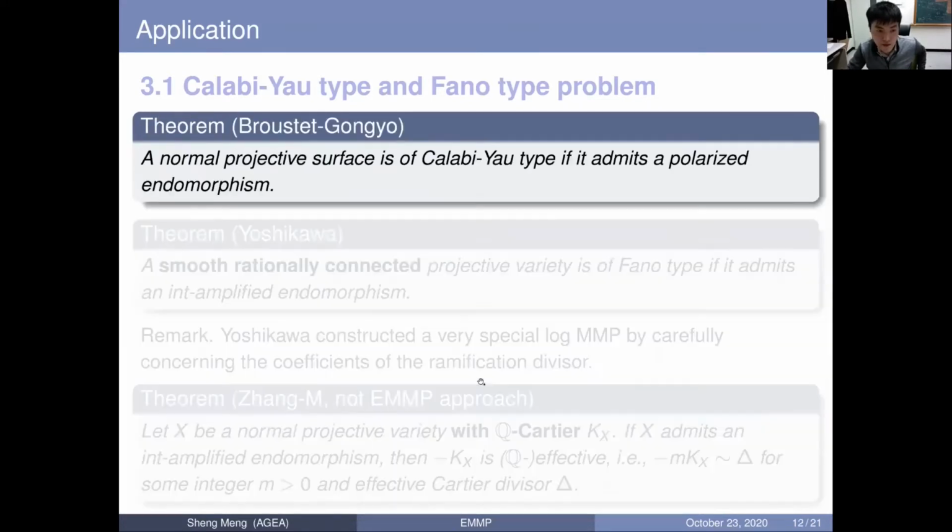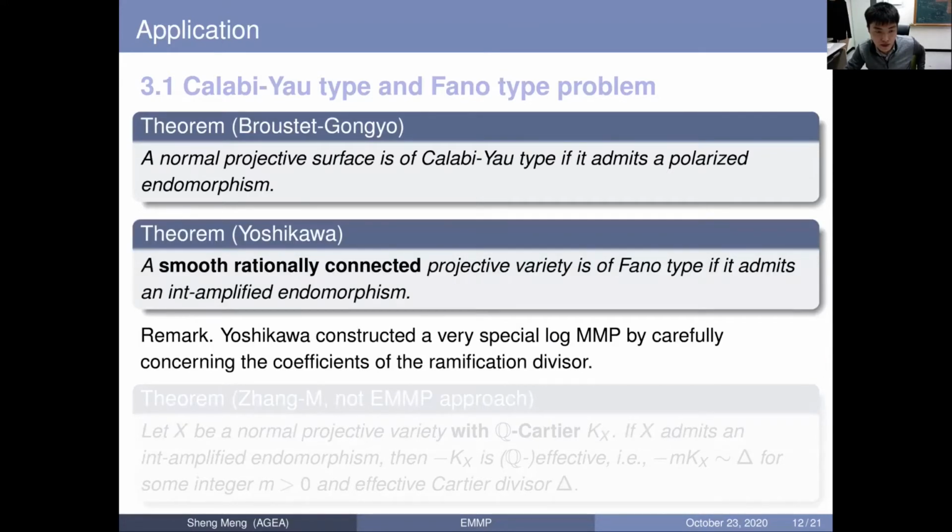They themselves solved the surface case. And for higher dimensions, it is much more complicated. However, recently Yoshikawa proved the following: a smooth rationally connected projective variety is of Fano type if it admits an inter-amplified endomorphism.